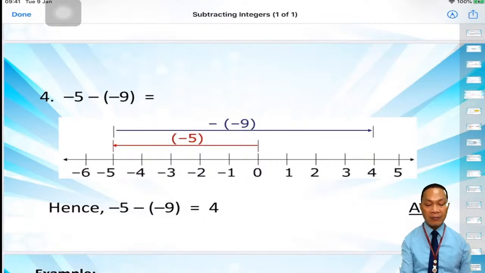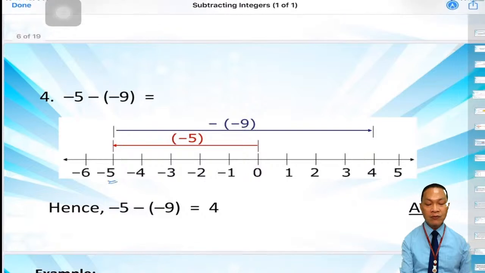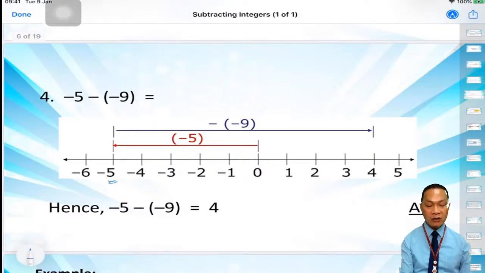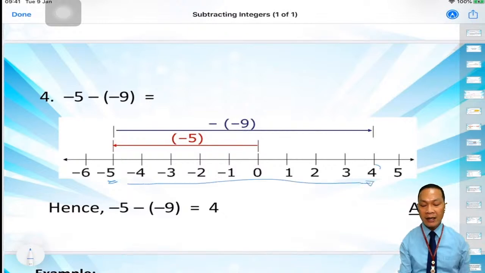So from negative 5, move 9 units to the right. Okay, so the answer is positive 4. Again, negative 5 minus a negative 9 is positive 4. We will use the rule later after the different methods. Okay, next.